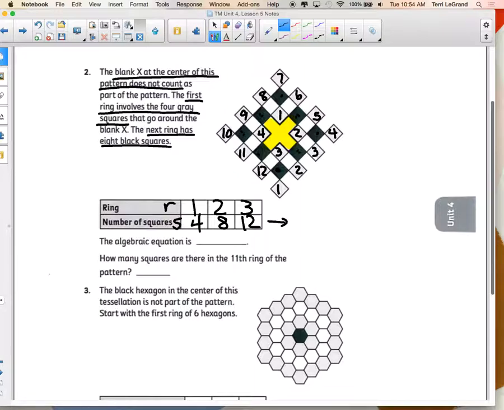What do you have to do to the ring number to get the number of squares? Sarah? R times 4. So ring number times 4 is our algebraic expression that represents the pattern that's going on. So we would know what to do for rings as we keep making this. Anybody disagree? Challenge? Okay.